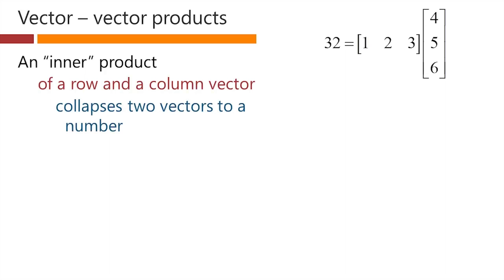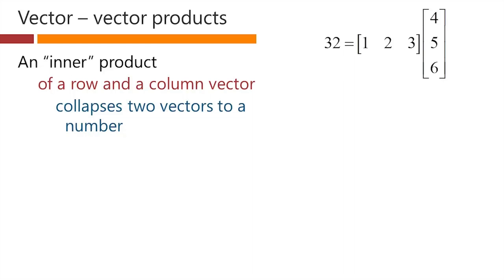If we take two vectors like this, a column vector on the right and a row vector on the left, then we see doing our matrix vector multiplication here, with this as our matrix, we're going to do 4 times 1 plus 5 times 2 plus 6 times 3. But the net result of that is just one number. So this particular vector product of a column vector on the right and a row vector on the left collapses everything to just one number.